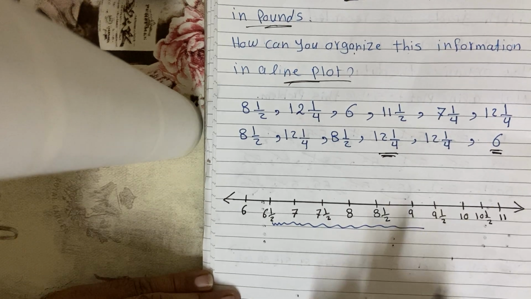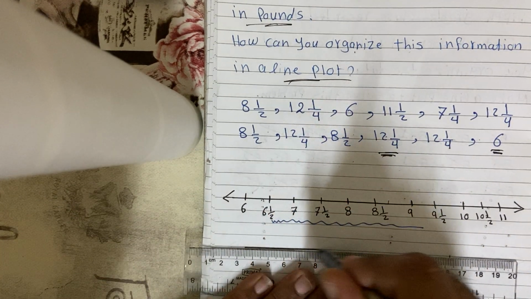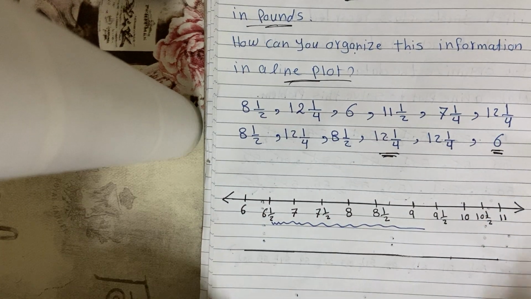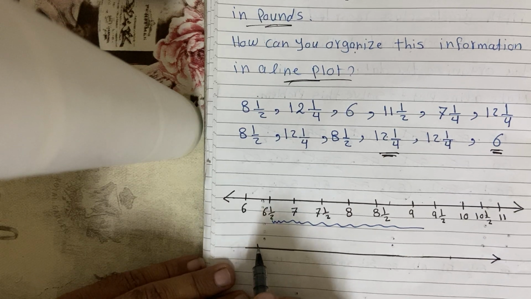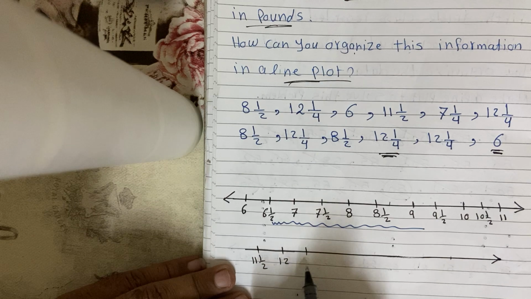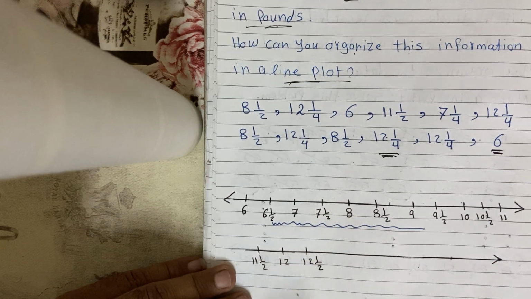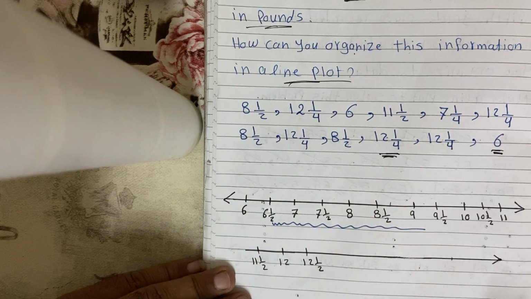11. Let's complete our line because I don't have enough space. 11, 11 and a half, 12, 12 and a half. Here we have 8 and a half.